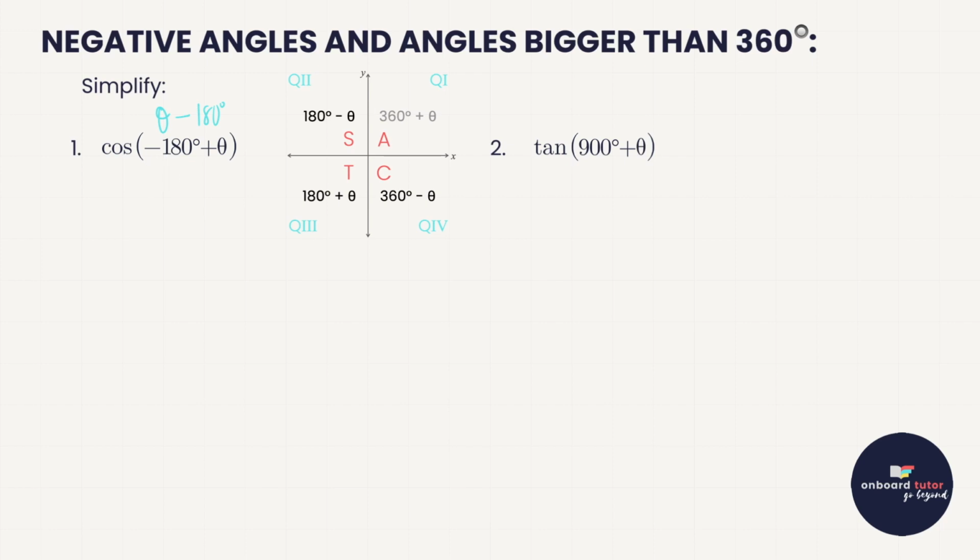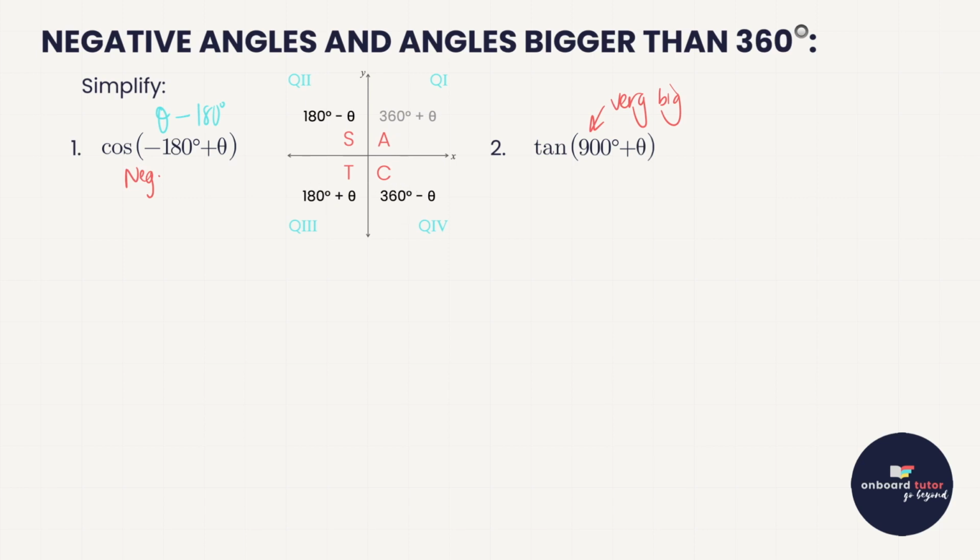Okay, so if we look at this Cartesian plane here, we want to figure out how to deal with angles that are negative. So this one here is considered a negative angle, and this one here is very big. Okay, neither of these fits on the Cartesian plane as we know it right now. But because this is cyclic, if I were to move a full 360 degrees, I would end up exactly where I started.